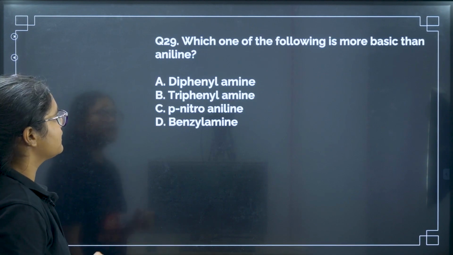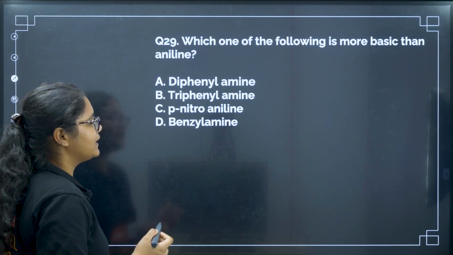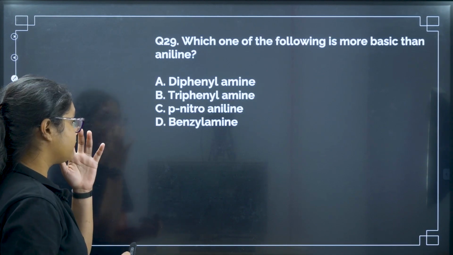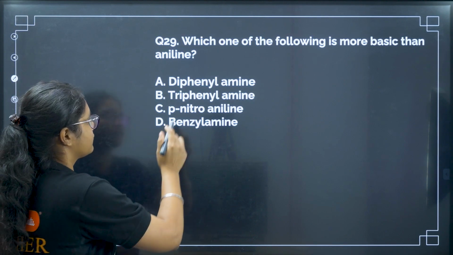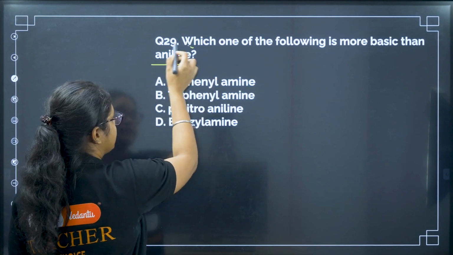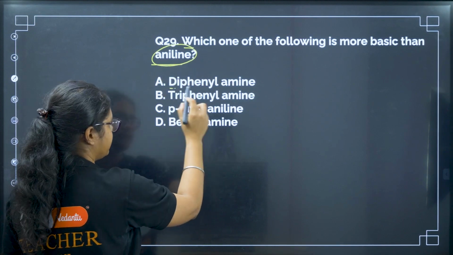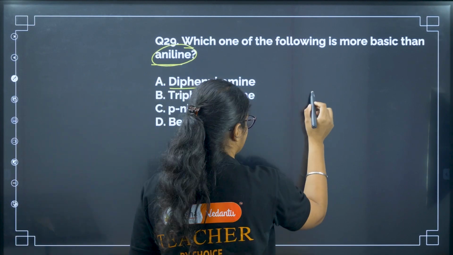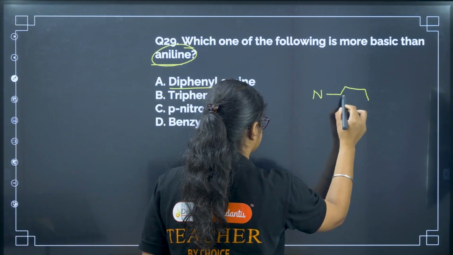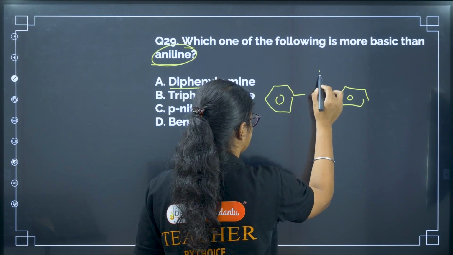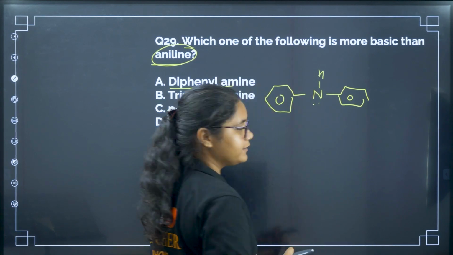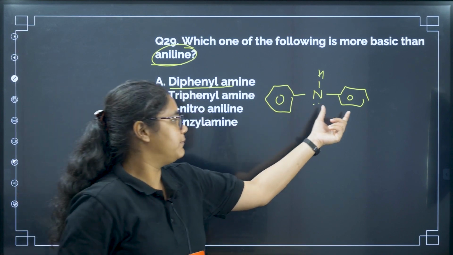Next, which one of the following is more basic than aniline? So we have to compare. So if we have diphenylamine, option A is diphenylamine. Now in aniline, there is only one benzene ring.